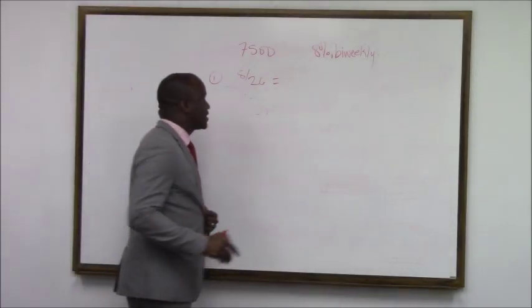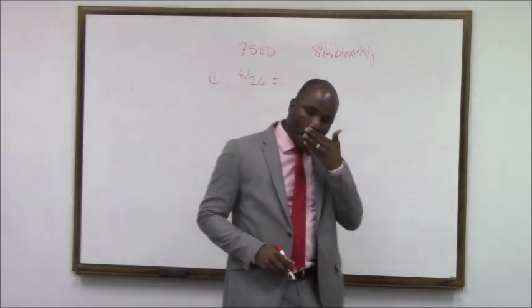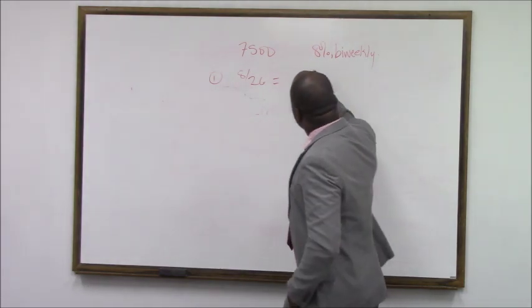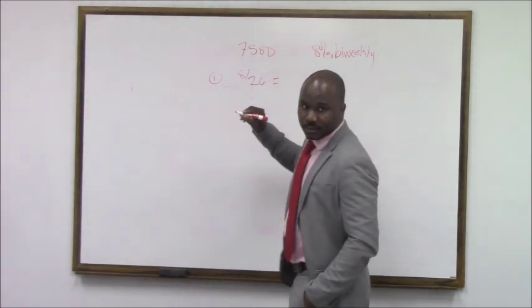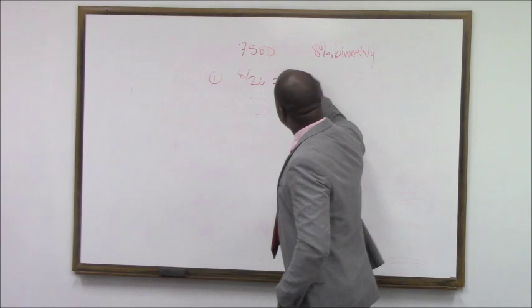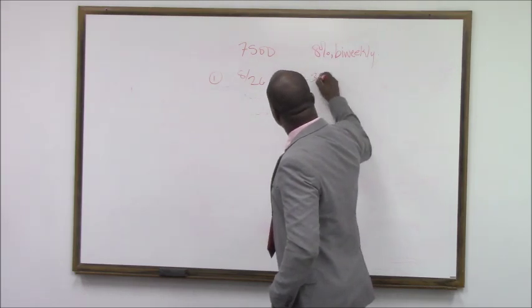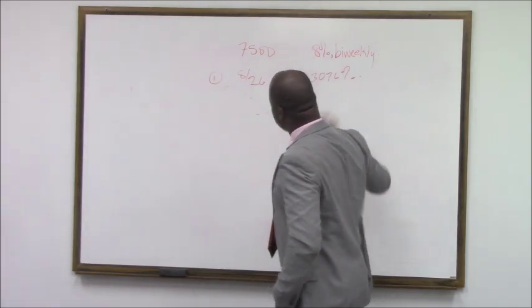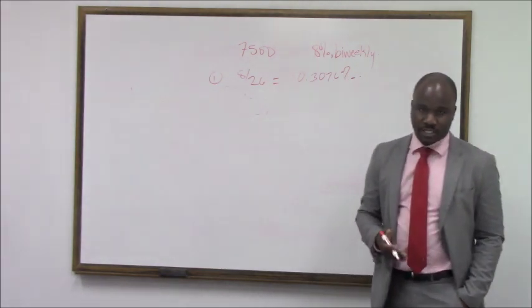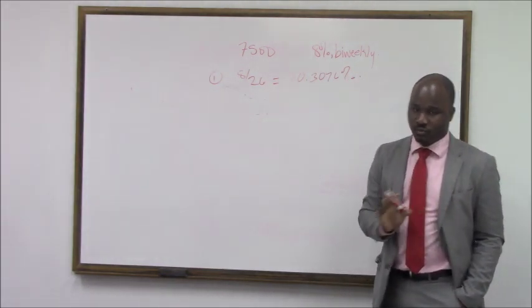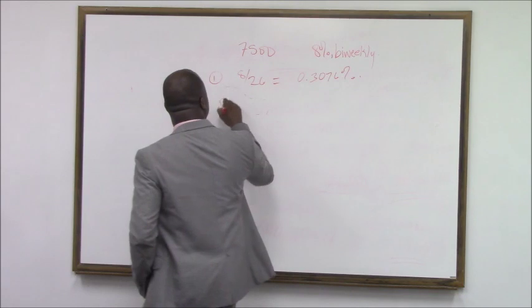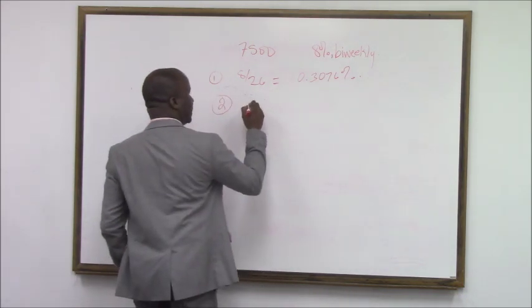All right, 8 divided by 26 is 0.3076. That's 0.3076%. Second step: make that into a decimal.